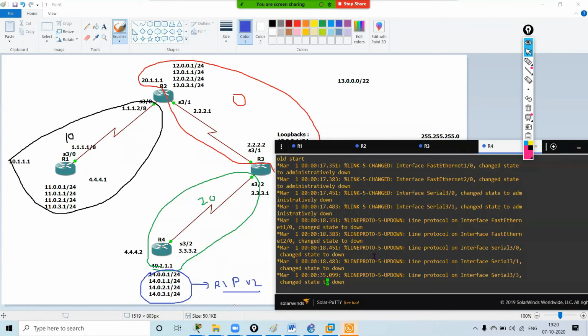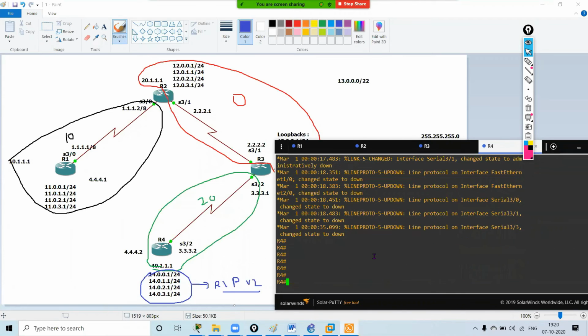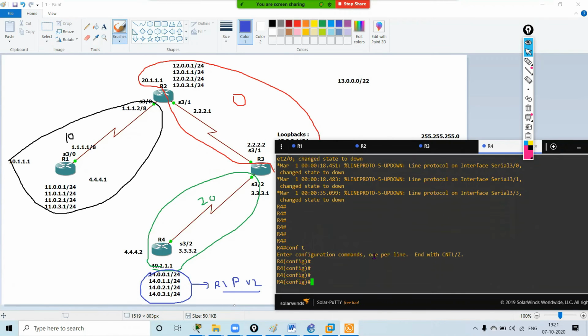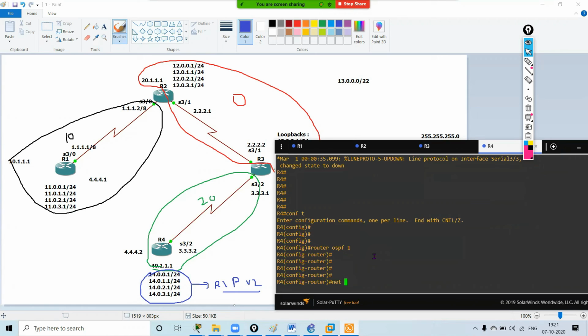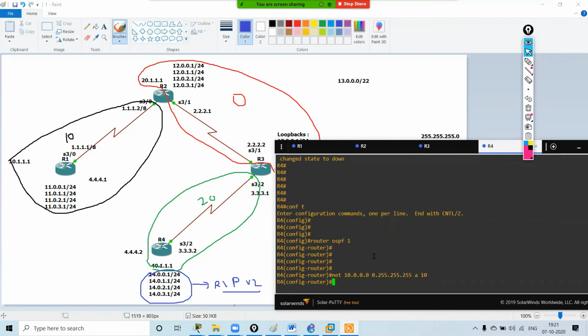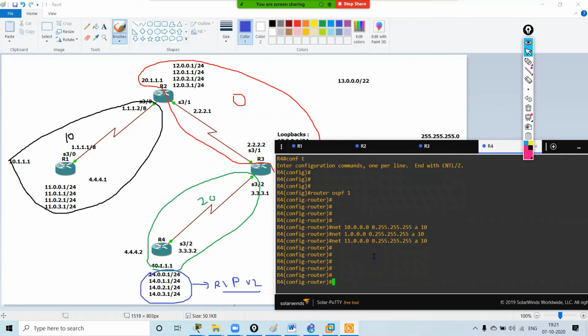Let me take you to the plan. Router OSPF 1, I'll say network 10.0.0.0 0.255.255.255 area 10, 11.0.0.0 network.